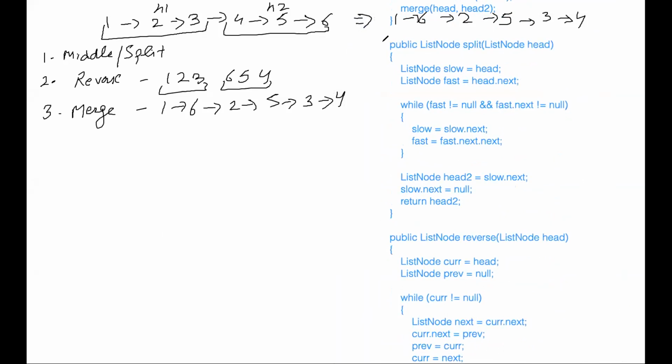So in this particular step, we are first running a slow pointer and fast pointer. Maybe I can quickly recap how the slow pointer, fast pointer works.